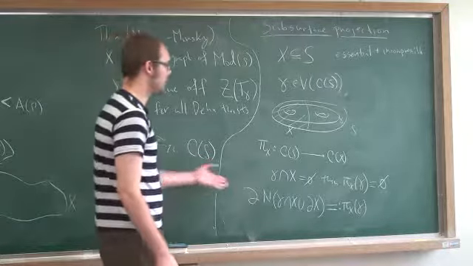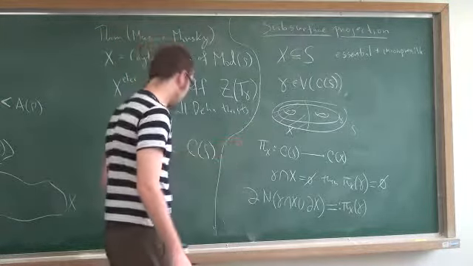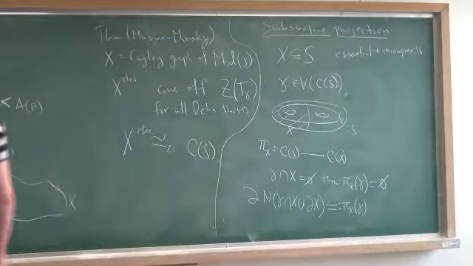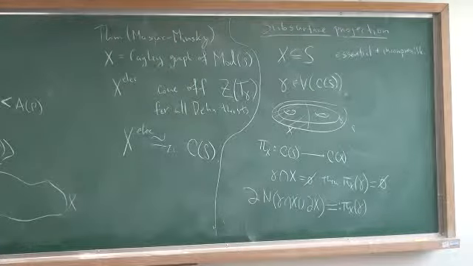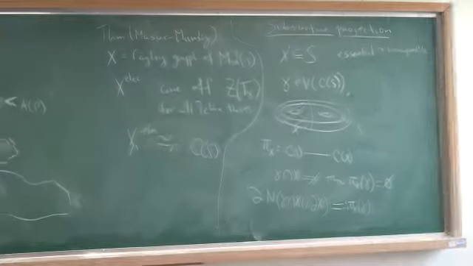Now the problem is that we don't have any subsurfaces lying around in any natural way, and so we have to think about subsurface projection in a different way. There's a particular specialization of subsurface projection which allows us to mimic the construction in the right-angled Artin group case. So I'm going to consider a very particular situation.